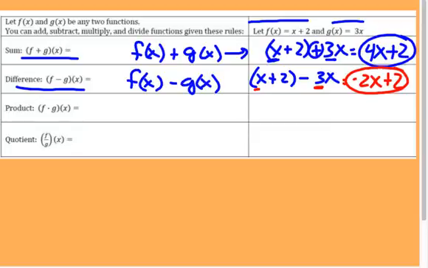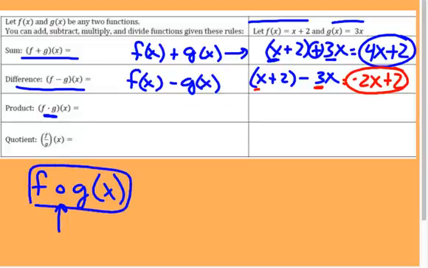Product. Product means multiply. This is f times g of x, not to be mixed up with f of g of x, and we're going to get to this later. This is an open circle. This is when we get into composition of functions. Here you just have f times g of x, and that's the same thing. f of x times g of x.